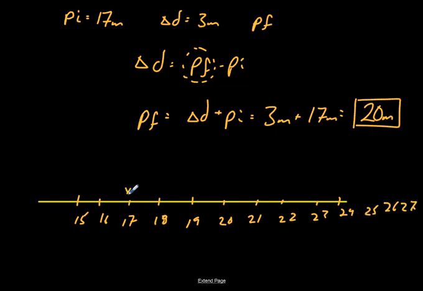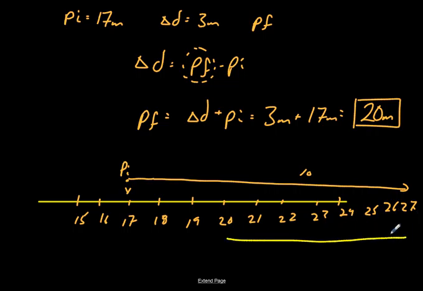Okay, so you start here, initial position. You go 10 to the right. 1, 2, 3, 4, 5, 6, 7, 8, 9, 10. So you get all the way over to 27. There's your first vector. Okay, then you go 7 to the west. 1, 2, 7 to the west. Now we're back here, the magic position that we said we were at, and everything works out. Okay, so we've checked our work. Life's good. Bob's your uncle.